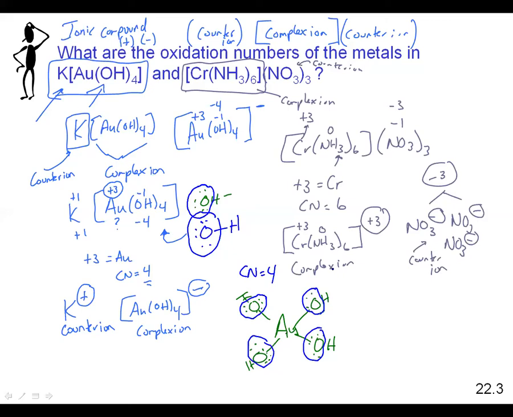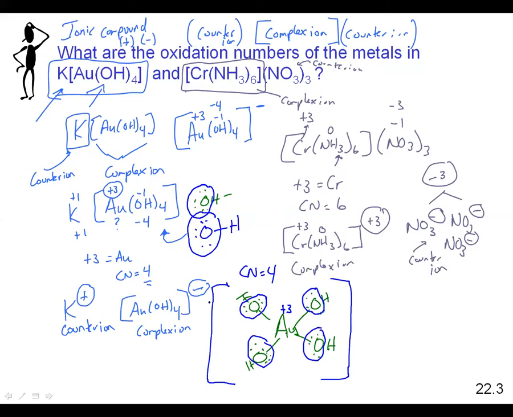We could kind of do it right here. So this right here technically would make up your complex ion part, right? So if you put brackets around it, like what you do if you drew a Lewis structure for an ionic compound. Remember that the gold here is +3. And in this case, each of these hydroxides are -1, which means overall this thing is a -1 charge like we saw here.